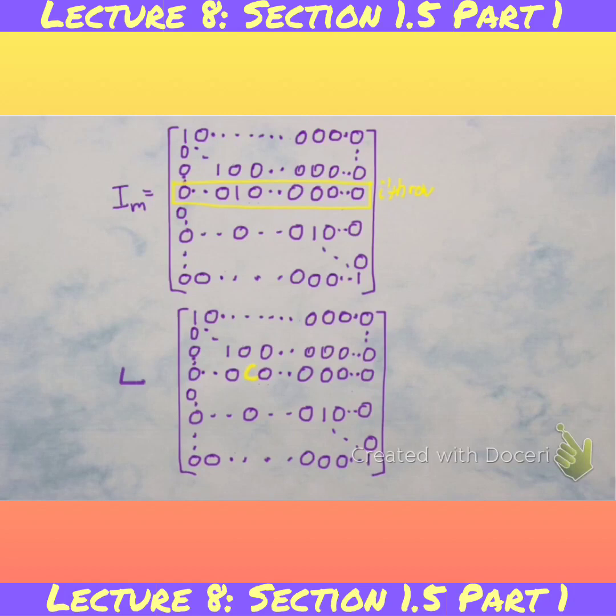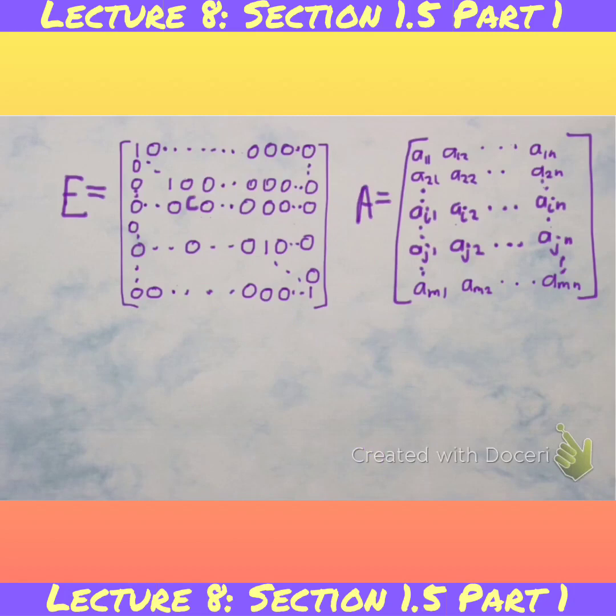Now, let's see what happens if I multiply this matrix E with the specified matrix A. Writing down the two matrices, we get E times A. Now it's just a straightforward multiplication that you're going to work out.